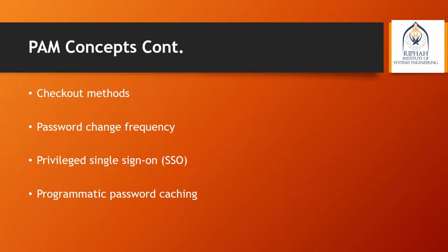So we control access by routinely changing those account passwords on the target platform. Privileged account management products provide us with options for how we can control the password change frequency: daily, weekly or monthly, whatever we want it to be. It can also allow us to have privileged single sign-on.